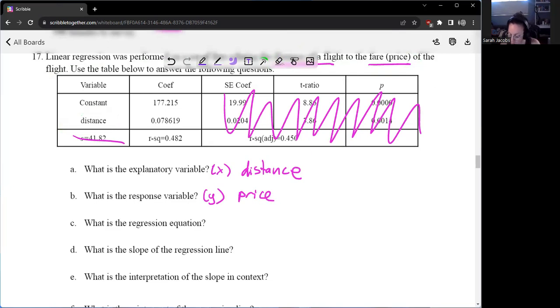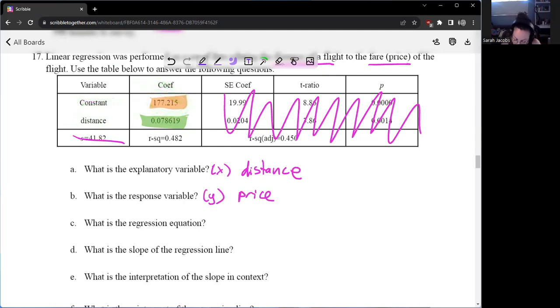Okay. Regression equation. This value with the variable, either X or explanatory or the unit, is always going to be our slope. And this is always going to be our y-intercept, where it says constant and then the coefficient of the constant.